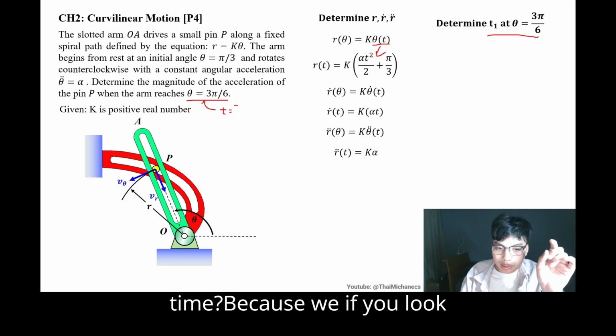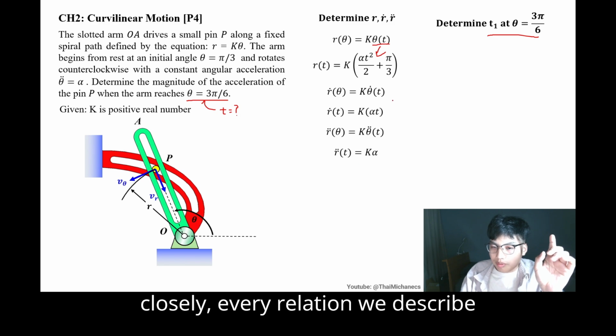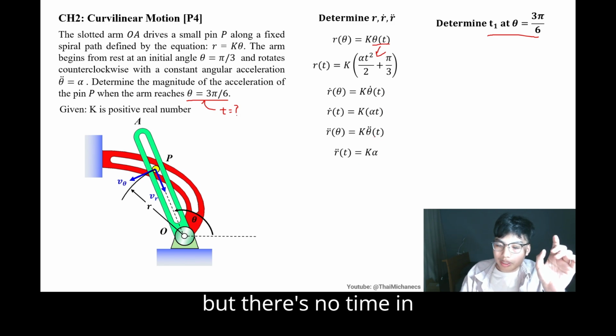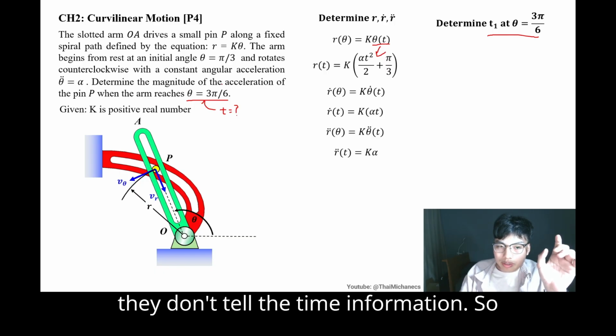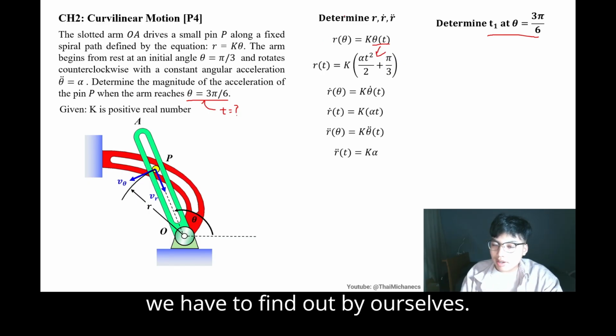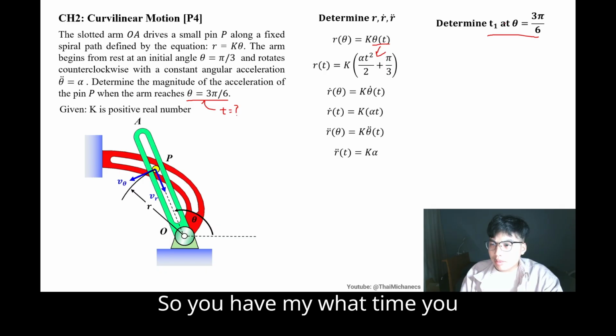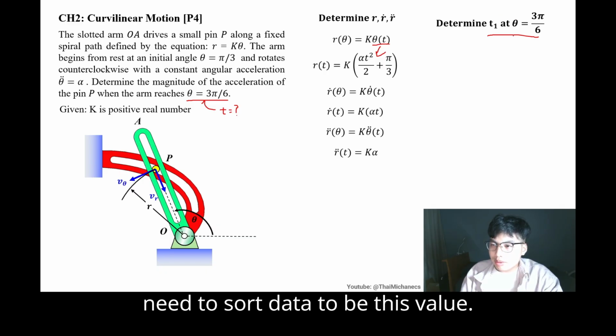If you look closely, every relation we described has time included, but they don't tell the time information, so we have to find it out ourselves. So we determine what time is needed for theta to be this value.